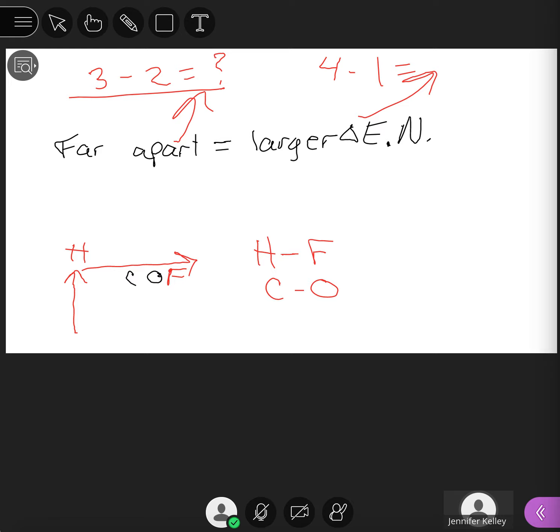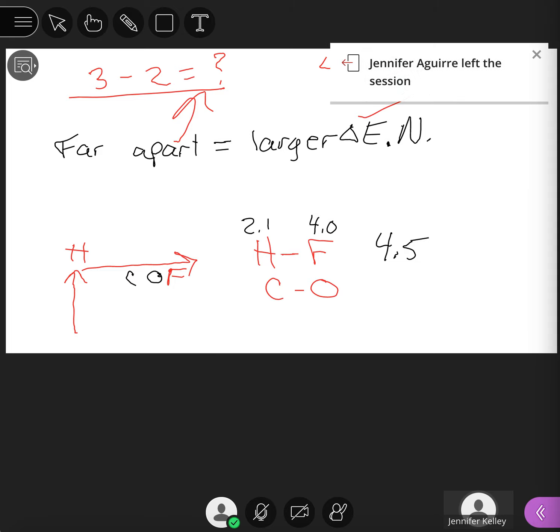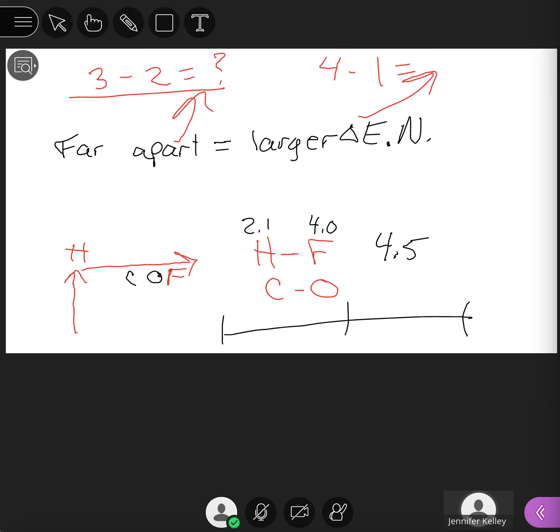All right. The other one would be to go to section 4.2 and look at table 4.5 and do like we did a second ago, like fluorine I think was 4.0 and hydrogen was 2.1, and we subtracted them and then we categorized them based on where they landed on this number line. And so they landed in here, so that was polar covalent.